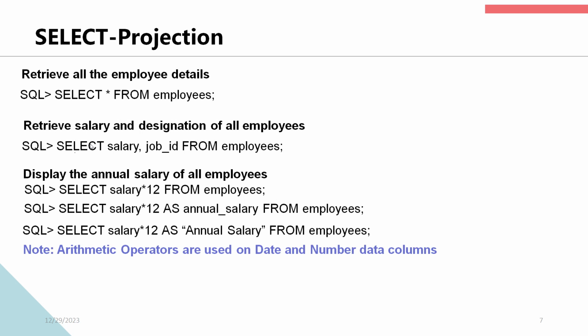A second point is that when you are working with arithmetic operators, please ensure that these arithmetic operators are allowed only on date and number columns. On character data, the arithmetic operators do not work. So let us proceed with the next question. Please try to display the result of 144 into 15.